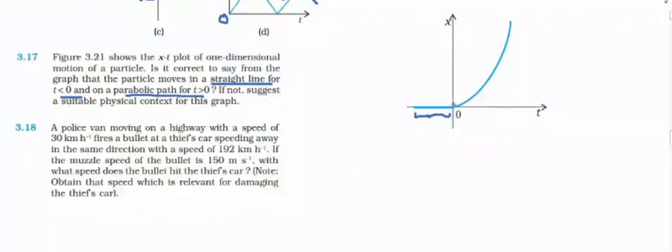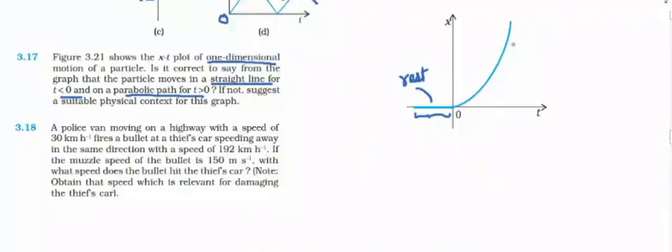In a position time graph, a straight line means we know the particle is at rest. It does not show that the particle is traveling along a straight line. It gives an idea that the particle is at rest. And afterwards it is a curve. Position time graph is a curve. What is the meaning? And it is given for one-dimensional motion also.